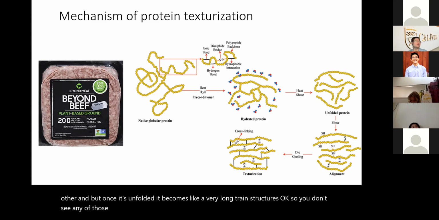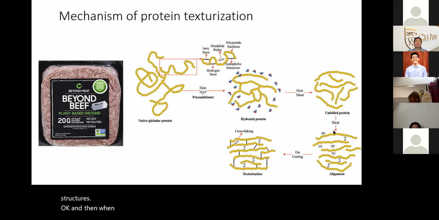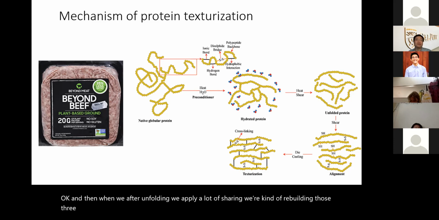You lose a lot of those beta sheet and alpha helix structures. And then after unfolding, when we apply a lot of shearing, we are rebuilding that three-dimensional structure by creating the disulfide bond. Especially after the die cooling, you see a lot of cross-linking formed between those peptides.